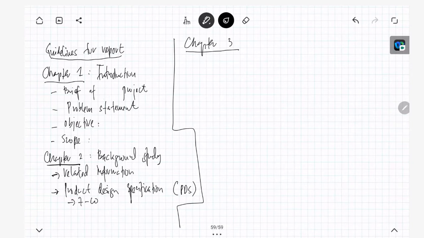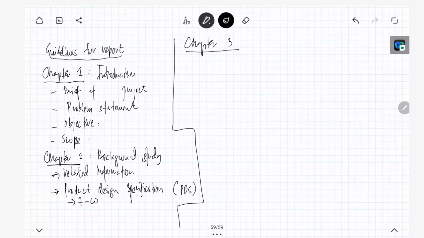As you remember in the design process, once you have concept ideas from the morphological chart, then you evaluate your concept using the evaluation metrics.